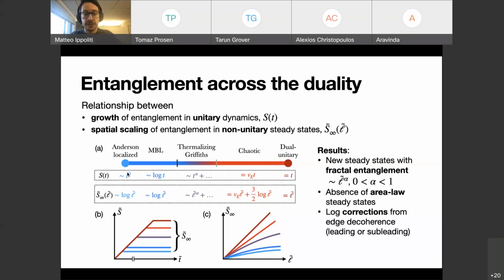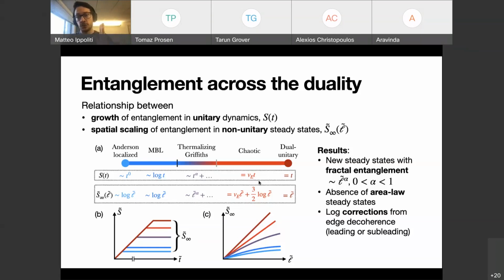So you notice that even the Anderson localized models, whose entanglement normally wouldn't grow past a constant, upon dualization become logarithmic. And this is part of a more general result, where by looking at that identity that I just showed, you can see how area-law phases are essentially forbidden unless one has an exact cut in the system.